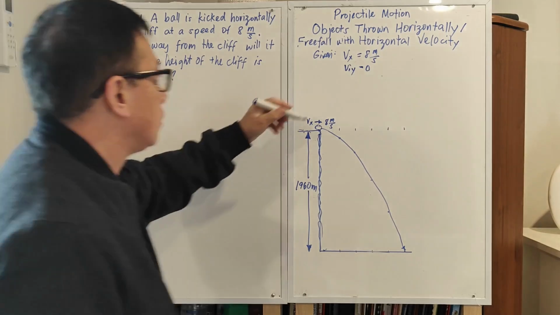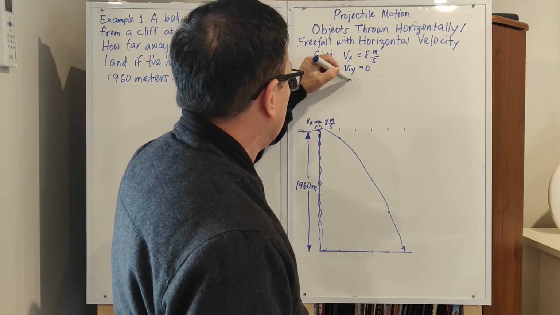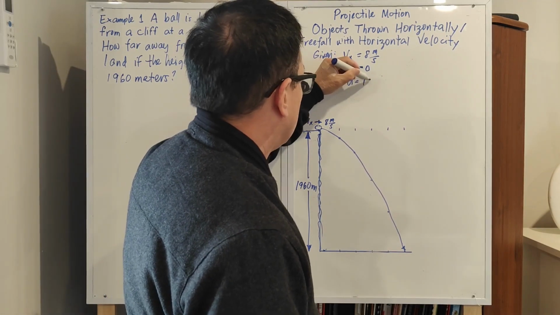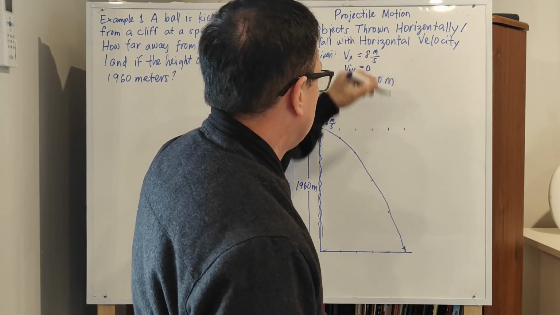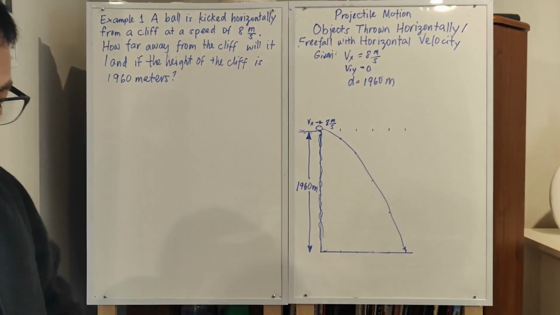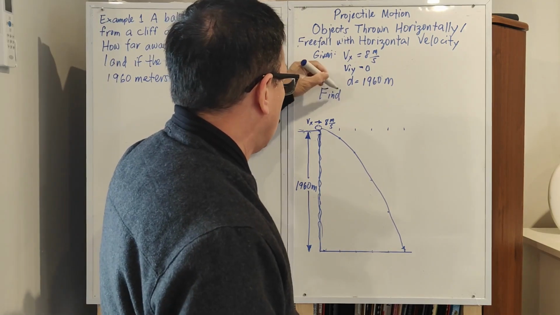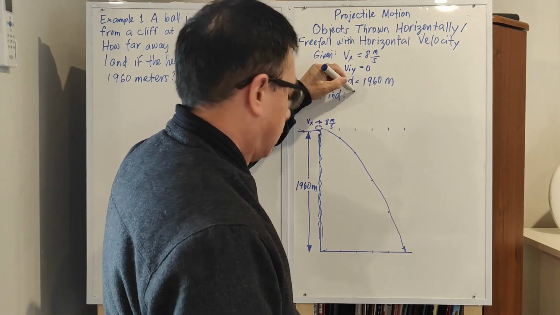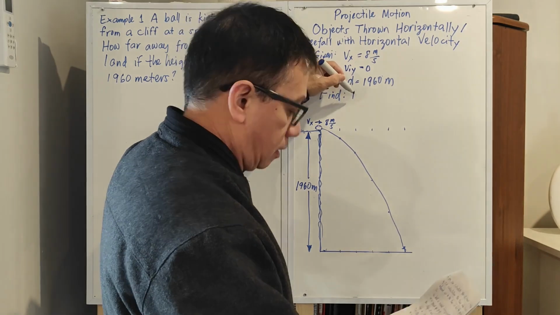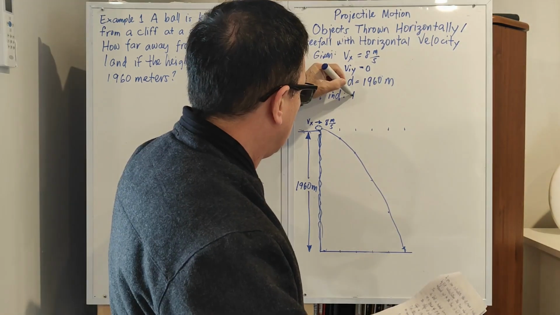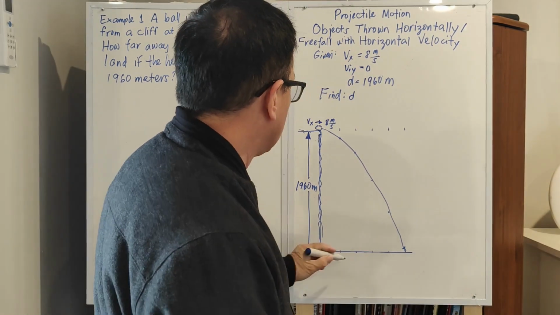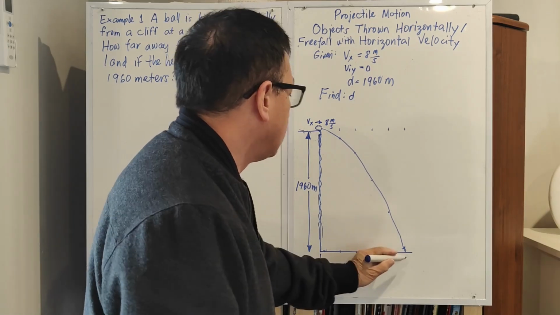So also what is given is the height of the cliff, which is 1,960 meters. Now we have to find the distance. We have to find the distance from here to here.